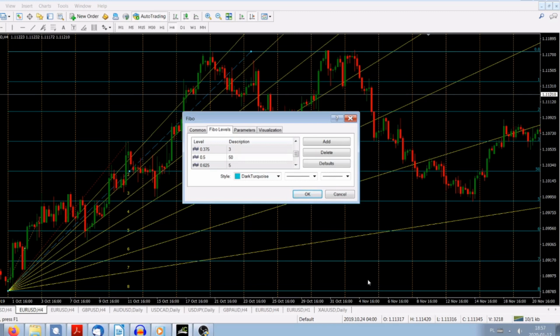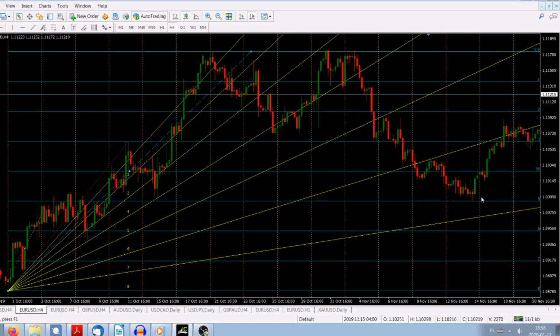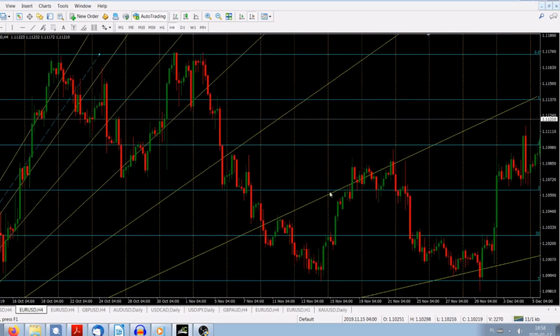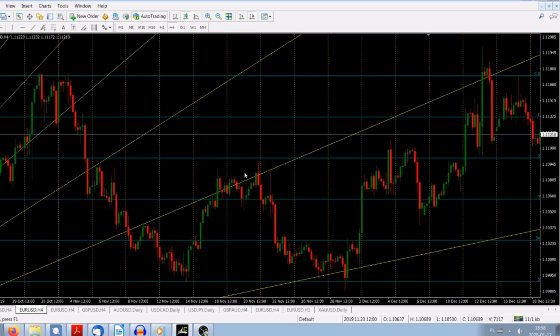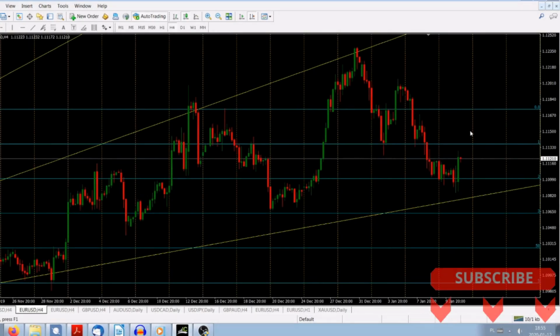Those horizontal lines are adjusted to the trend, so we look further how it behaves, how it hits. Like here, you can see the price couldn't reach there. Already we got the signal that the price is too high. The level was broken and the market went down. That's how it looks like.